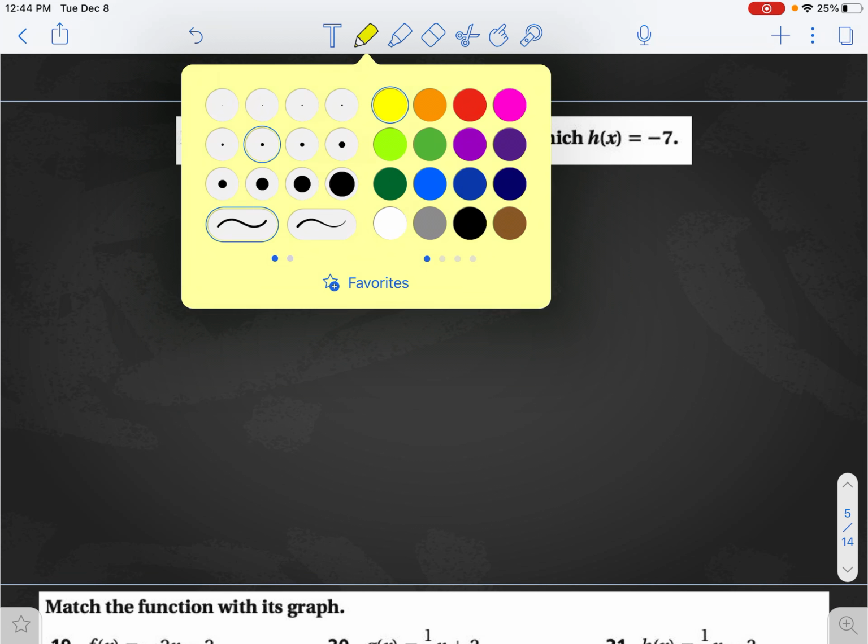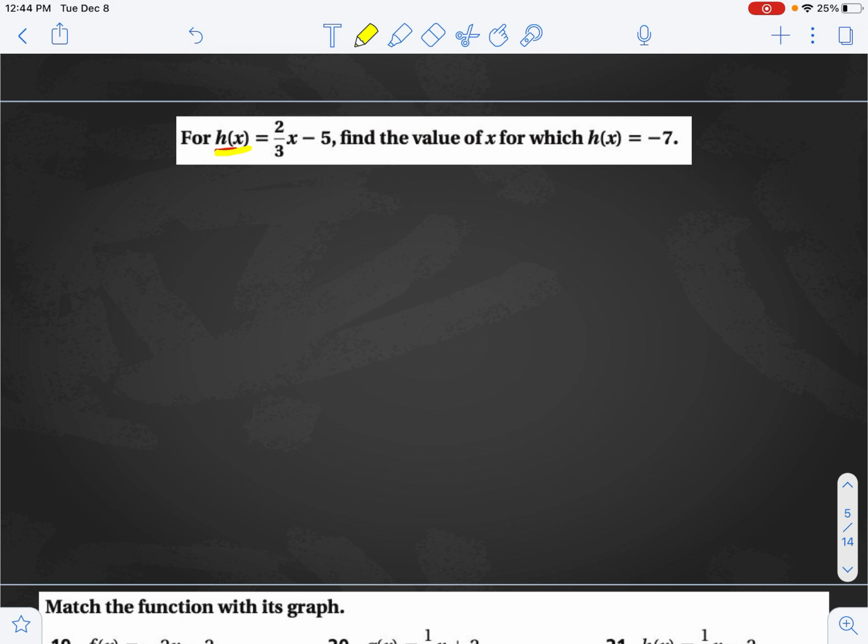Another type of problem that you'll see on your homework. This time we're dealing with h of x, but it means the same thing as f of x, so no big change there. For h of x equals 2/3 x minus 5, find the value of x for which h of x equals negative 7.